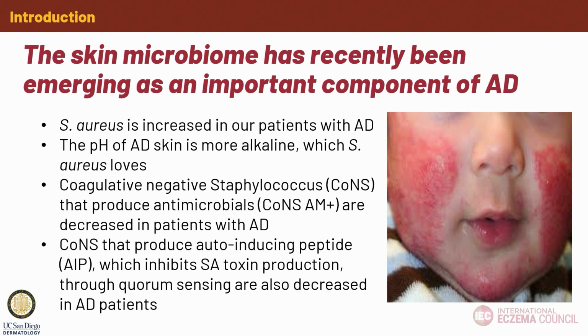Coagulase-negative staph species, CoNS for short, that produce antimicrobials are found to be decreased in patients with atopic dermatitis. Similarly, CoNS species that produce autoinducing peptides that inhibit the S. aureus toxin are also found to be decreased in atopic dermatitis patients.